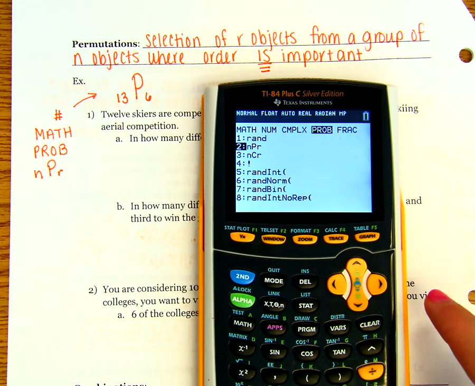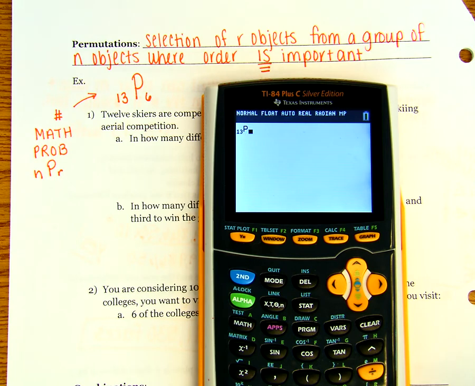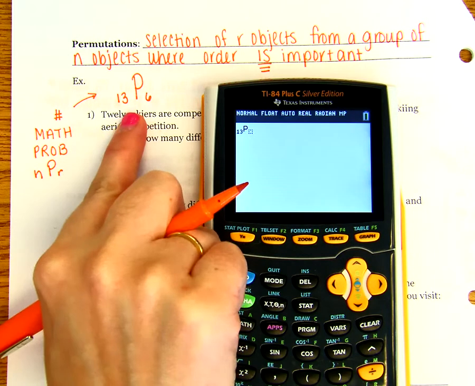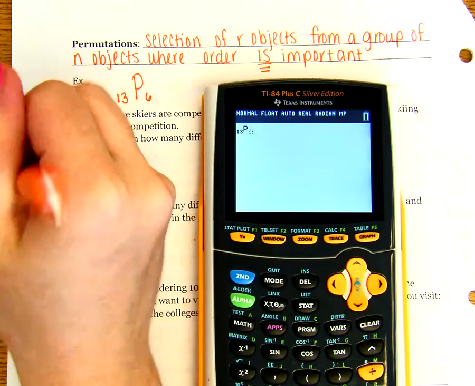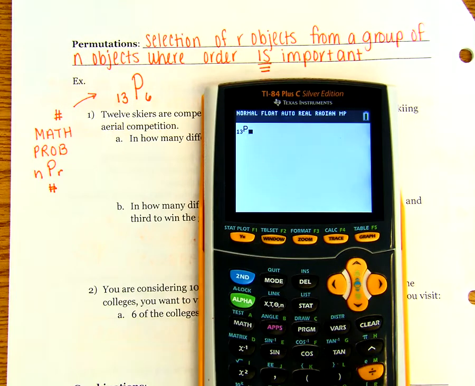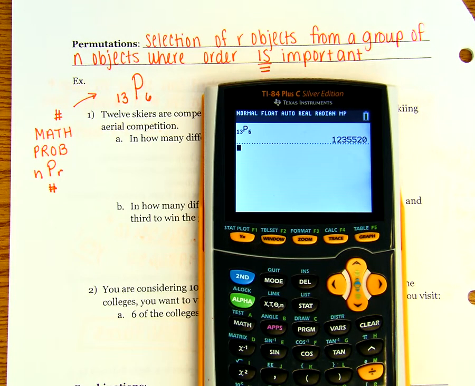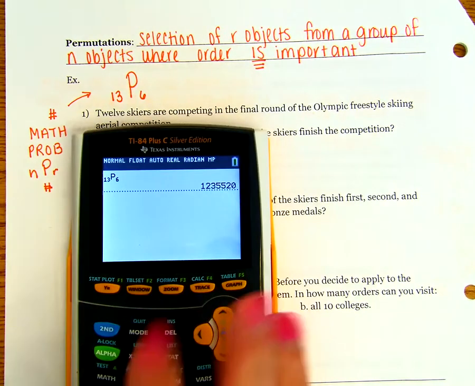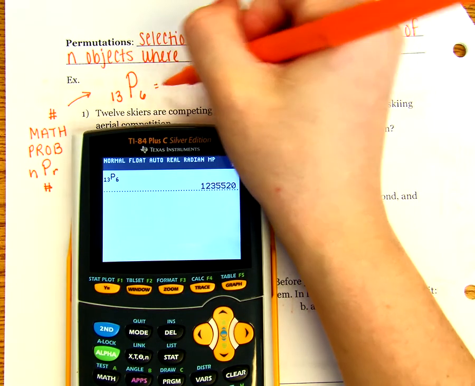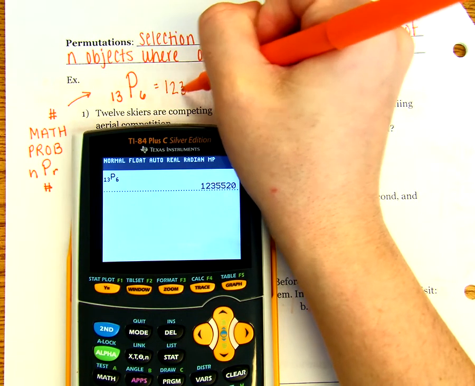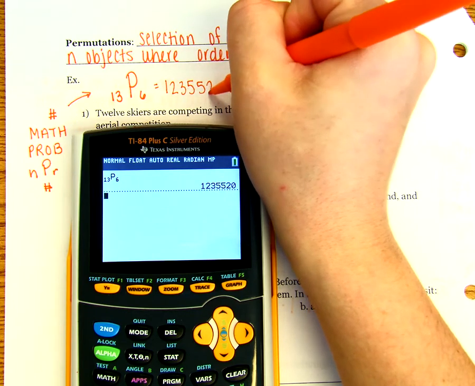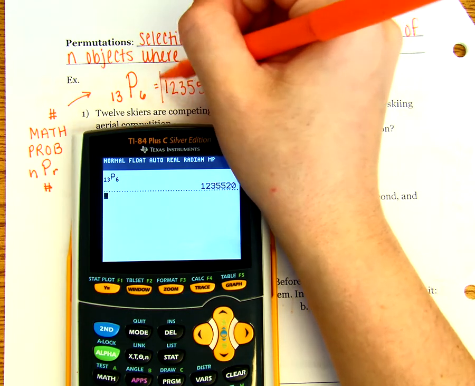You want to go down and you want to select that one. And it's going to set it up and it's going to look just like it looks here, but it's just missing that last number. So then we're going to type in that last number and hit enter. And the calculator will give us exactly what this simplifies to. So 1,235,520.